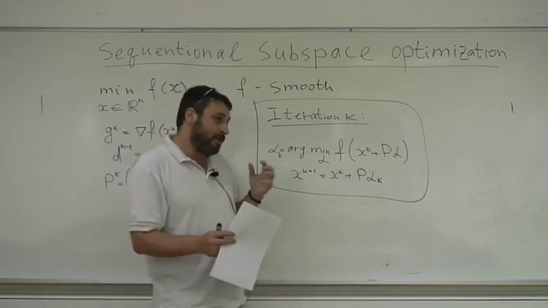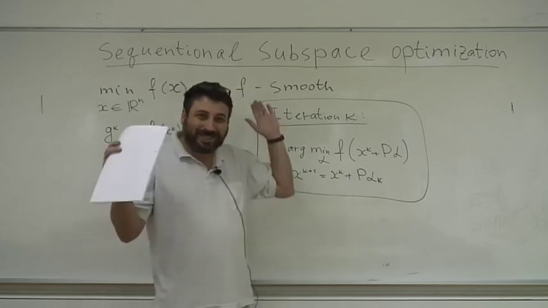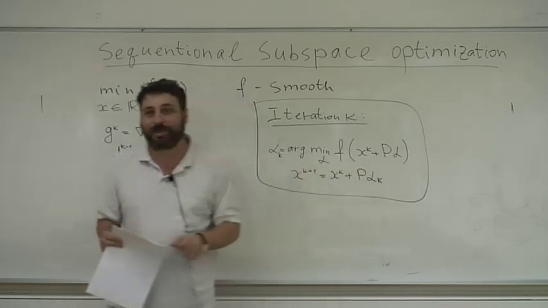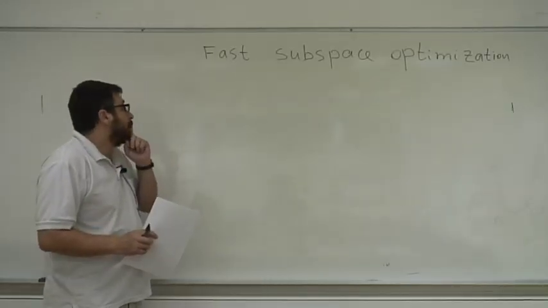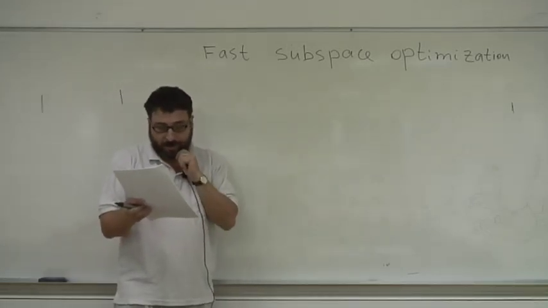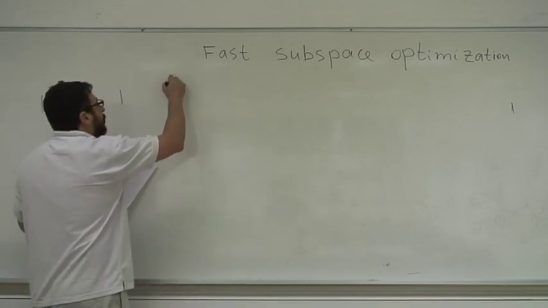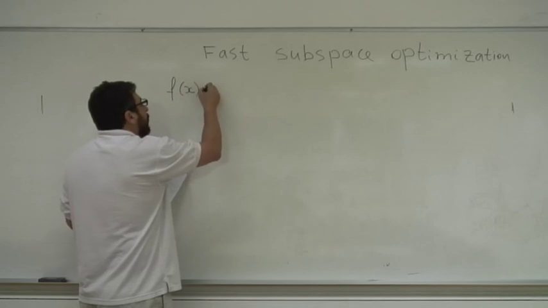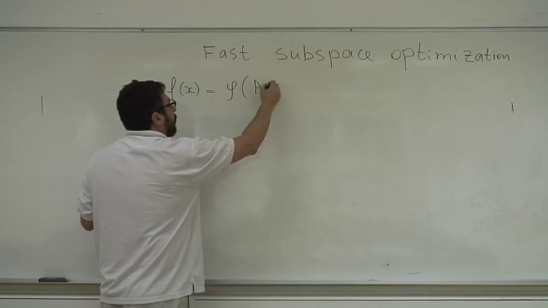But now I will show you an important example of functions which we meet almost everywhere, where this subspace optimization will be cheap. I'll bring you an example where subspace optimization may be done very efficiently. In many applications, our function f of x has a form like this: some function phi of Ax.